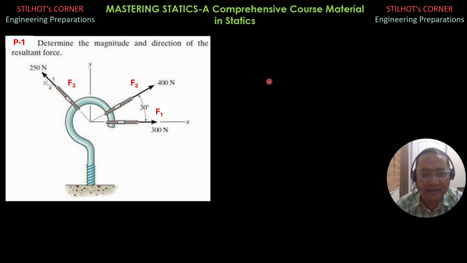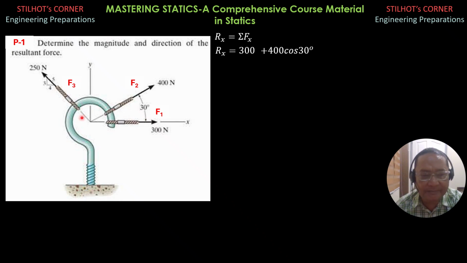So Rx is summation forces X. So for F1, 300, it is already 300, or 300 cosine of 0 is 300. Then for F2, which is 400 newtons, its X component is positive because F2 is directed up and to the right. So to the right means positive X component. And it is 400 cosine of 30.